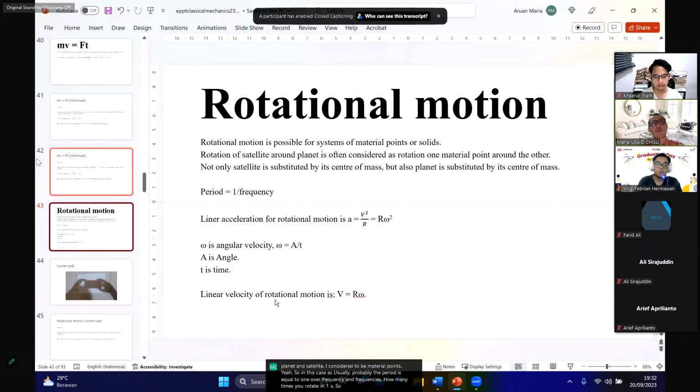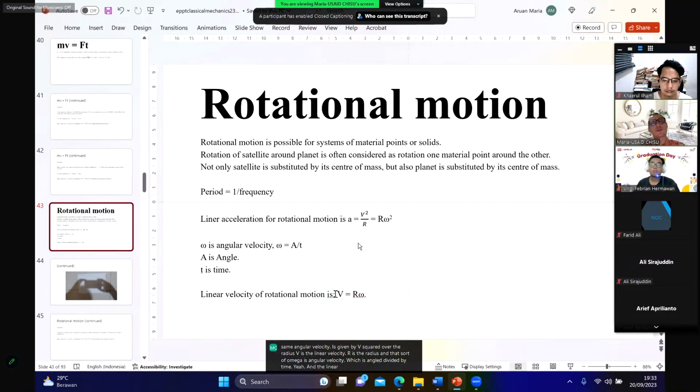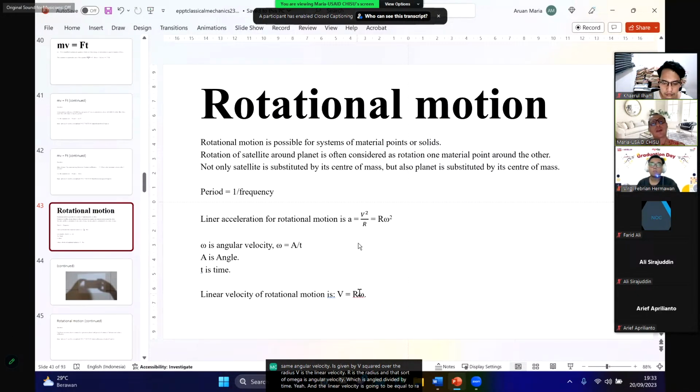So the acceleration of rotational motion with constant angular velocity is given by v squared over the radius. v is the linear velocity, r is the radius, and omega is angular velocity, which is angle divided by time. And the linear velocity is equal to radius times omega.